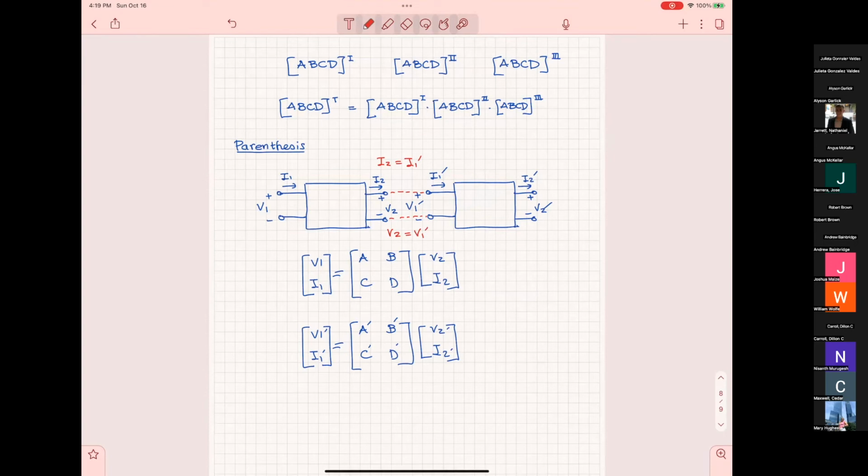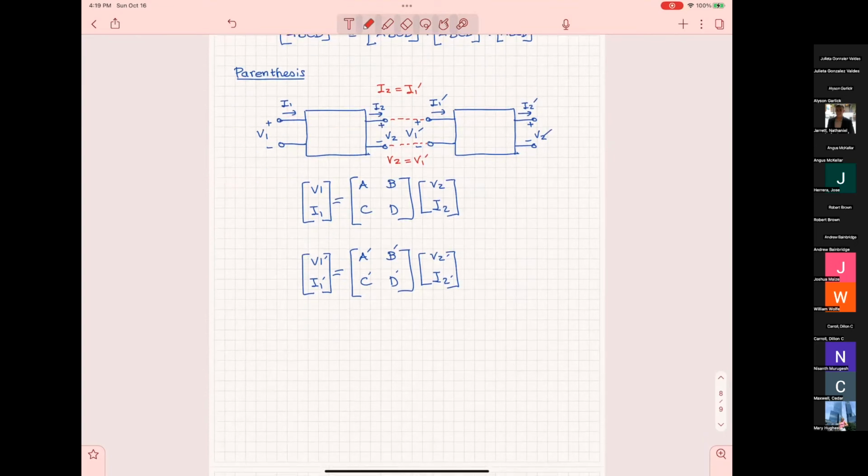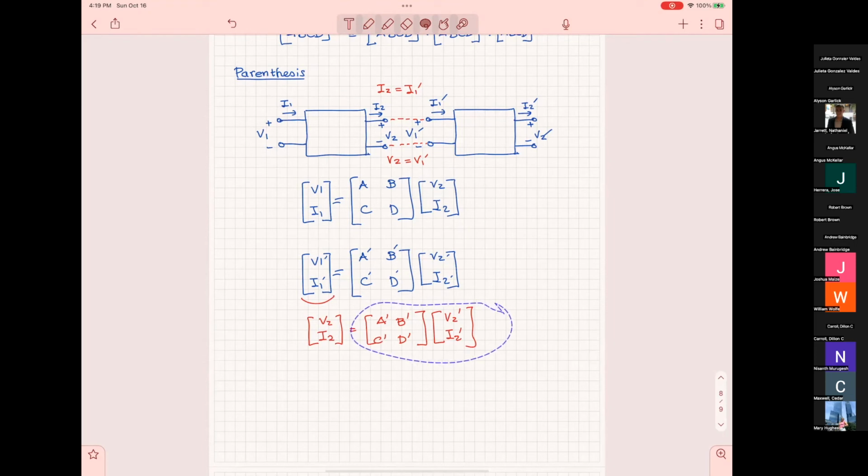Which means that I can rewrite this one as V2, I2 equal to A prime, B prime, C prime, D prime times V2 prime, I2 prime. That implies that I can replace this part by that.